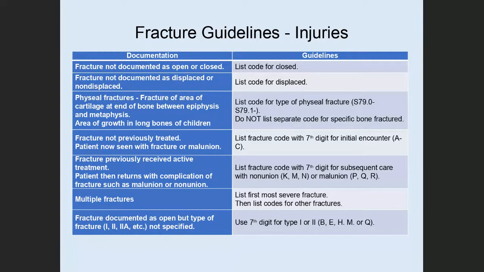Physeal fractures, we mentioned earlier, are in the area of the cartilage at the end of the bone where long bones of children experience growth. And again, we said list a code for physeal, not a separate code for specific bone fracture.